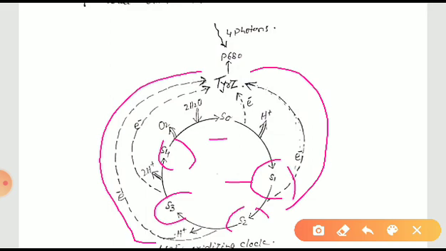But for the complex to reset to the lowest state, that is S0, it uses 2 molecules of water to pull out 4 electrons. We have seen here how water splits and produces 4 electrons.